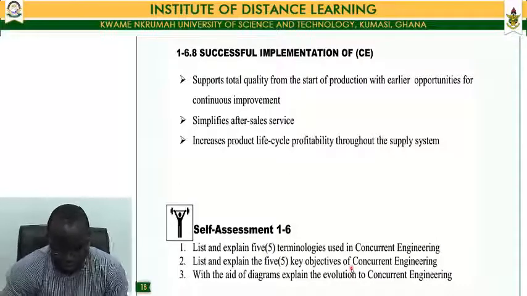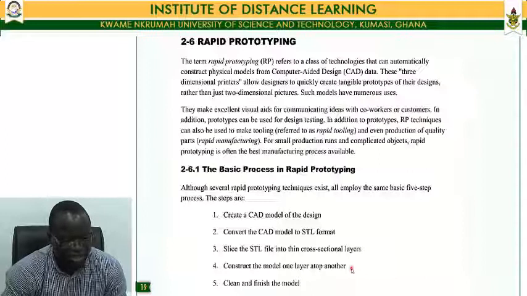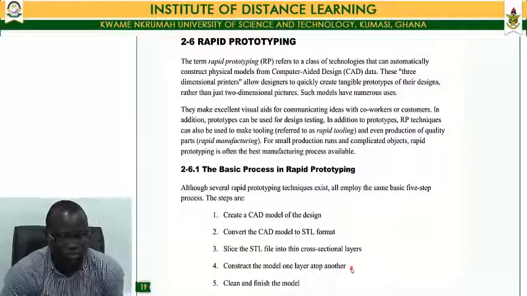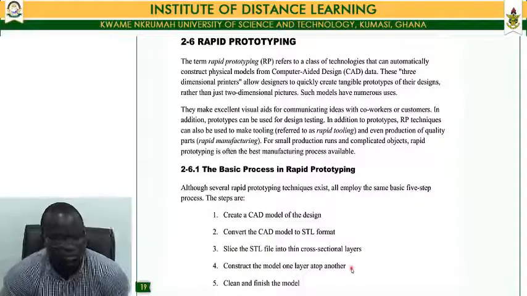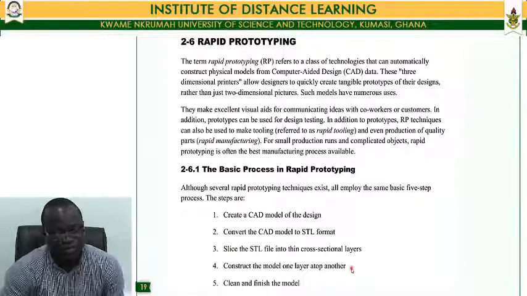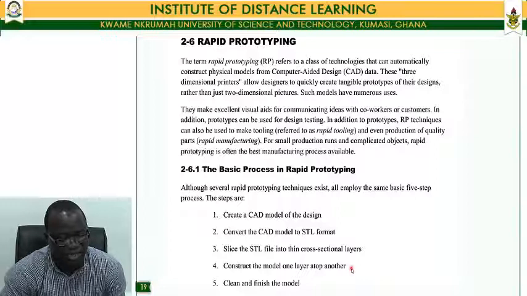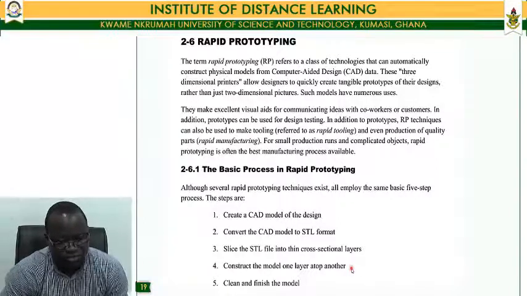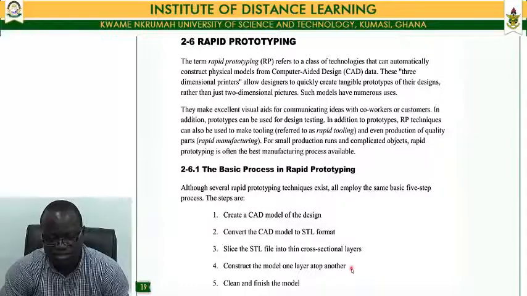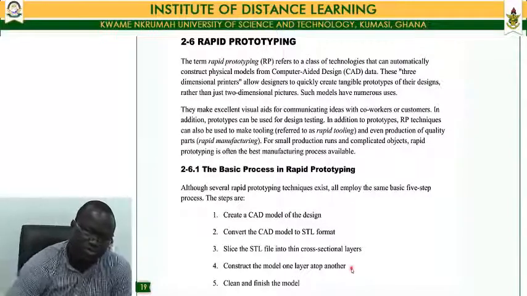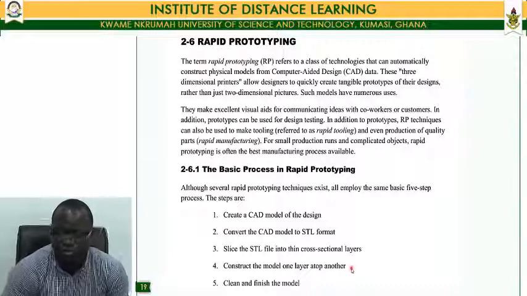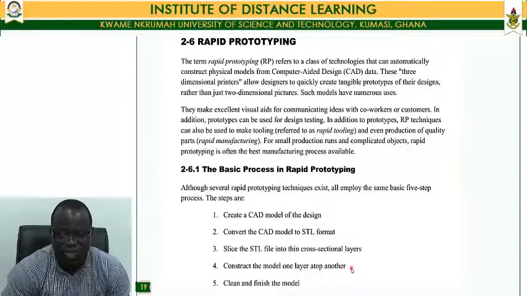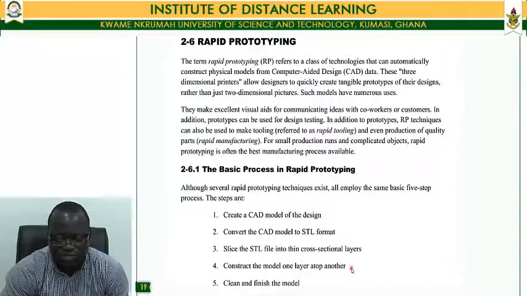Now we're going to move on to our next lecture, which is our next topic, rapid prototyping. When it comes to rapid prototyping, we say it's a term used to refer to a class of technologies that automatically constructs physical models from computer design data or CAD data.